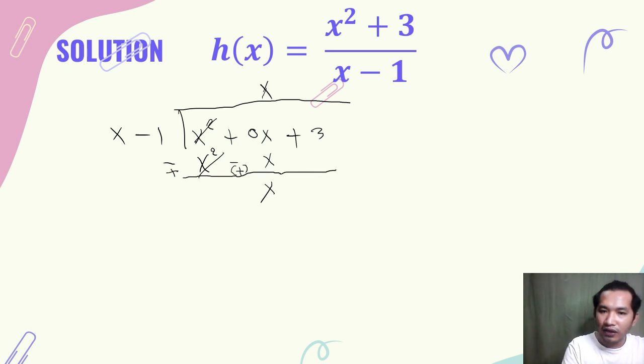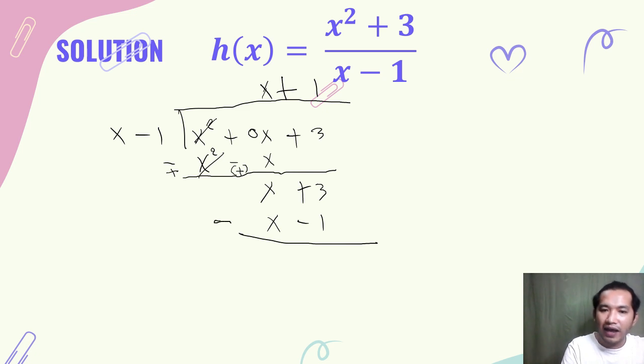Okay? Bring down positive 3. Okay, so x divided by x is what? Positive or negative? Positive 1. Alright, so 1 multiplied to x is x, and 1 multiplied to negative 1 is negative 1. Alright.